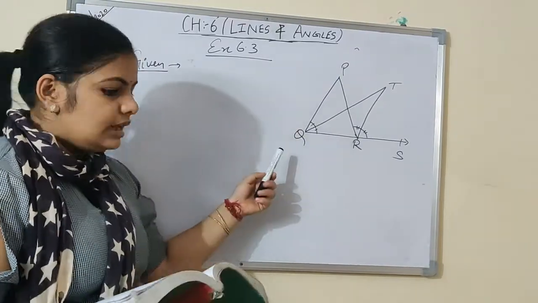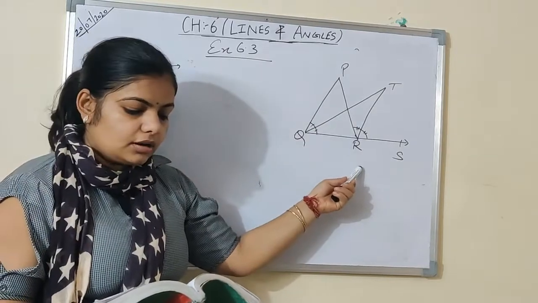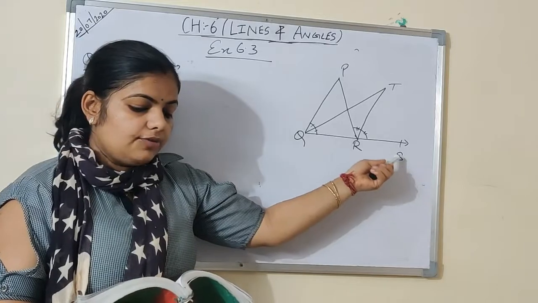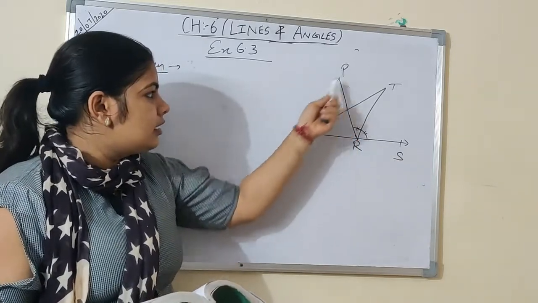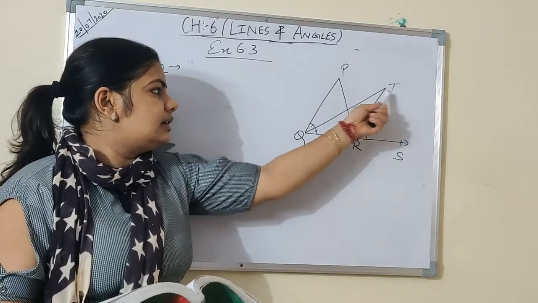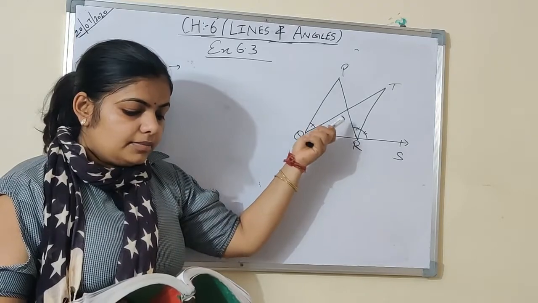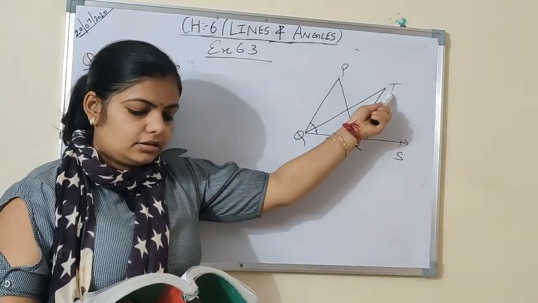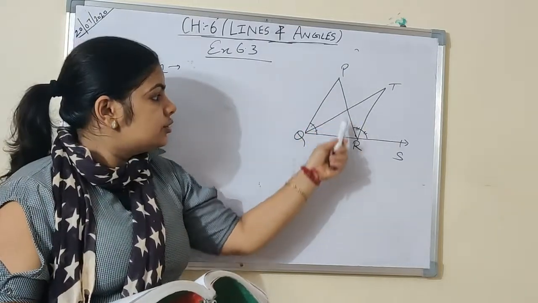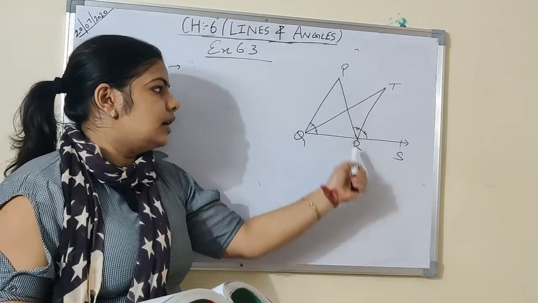Question is that in figure the side QR of triangle PQR is produced to point S. If the bisectors of angle PQR and angle PRS, you can see that QT and TR are acting as bisector, meet at point T, then we have to prove that angle QTR is equals to angle QPR.